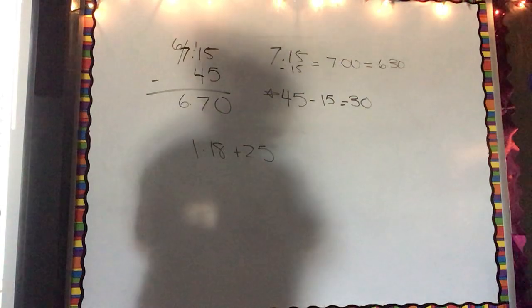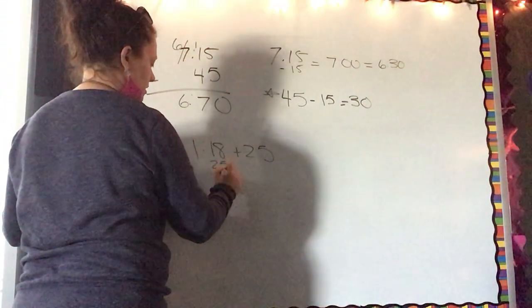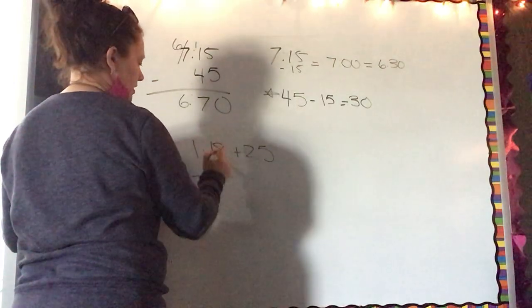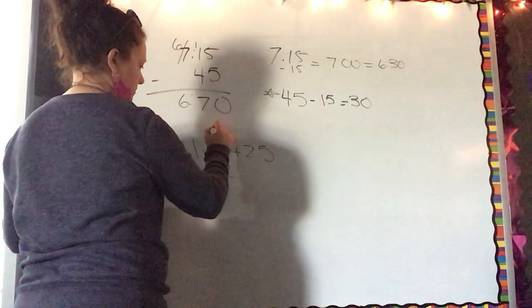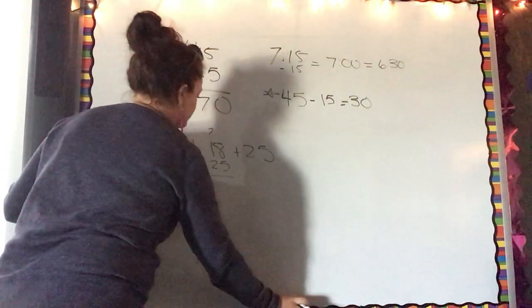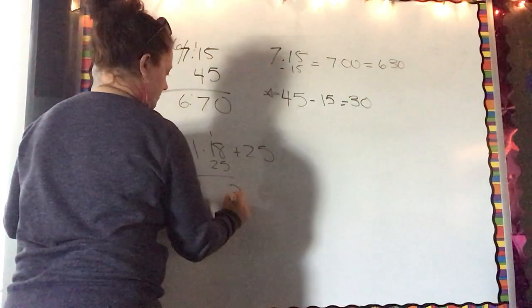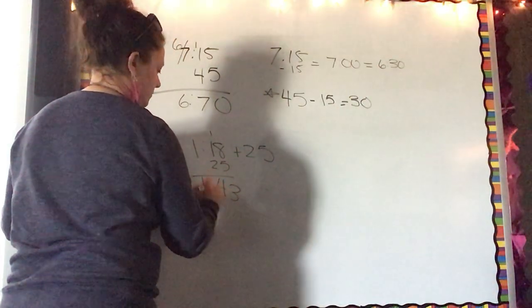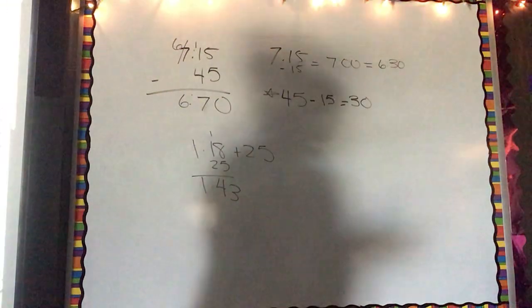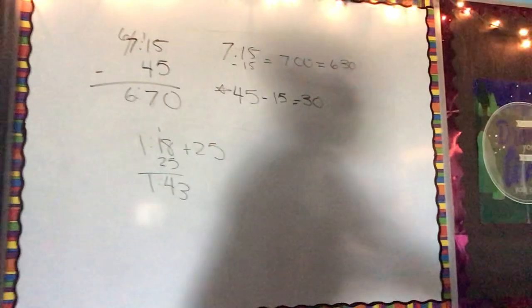Could I add my minutes here? Yeah, I could add my minutes here and that would work out fine. 8 plus 5 is 13. So 1:43. Okay. Now we could work with that.